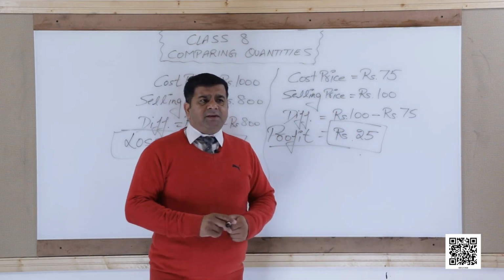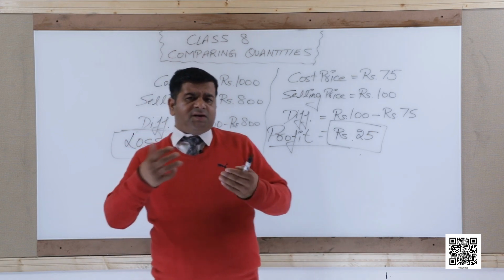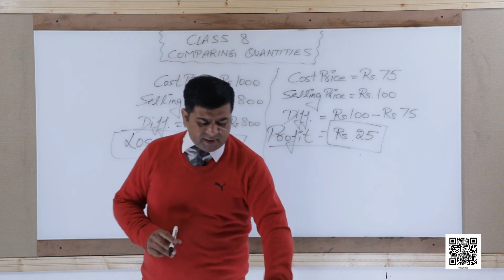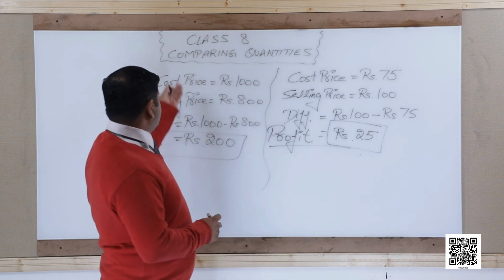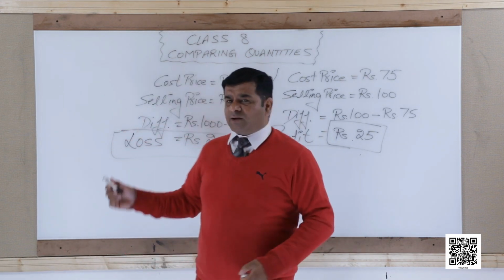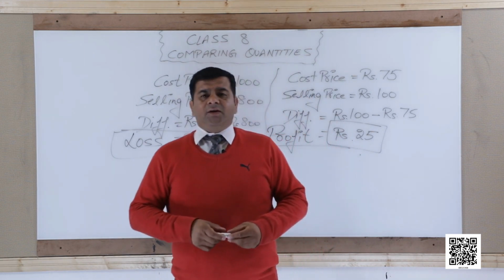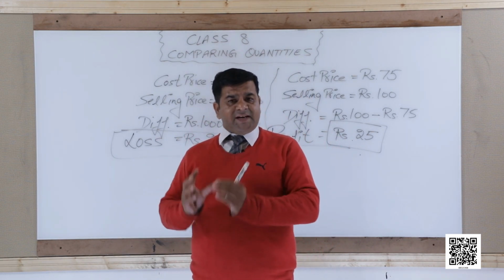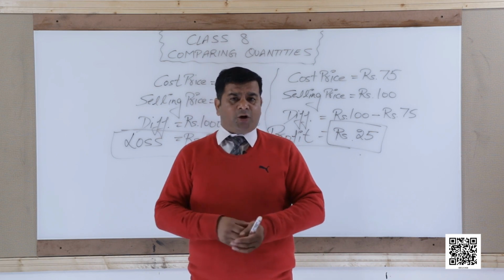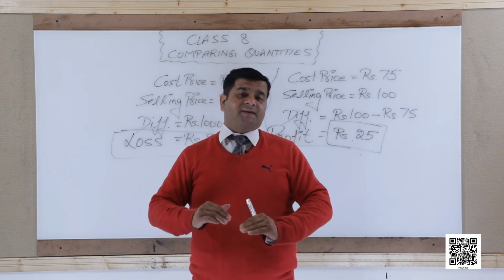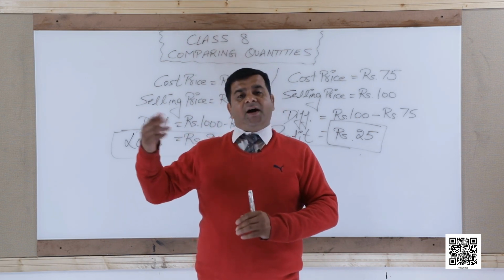You will think that how is this profit and loss related to us? Students, as I gave you an example of a shopkeeper here where he had to sell an item at a lower price, mostly all the shopkeepers purchase items whatever they sell in their shops at a lower price and sell to you at a higher price.